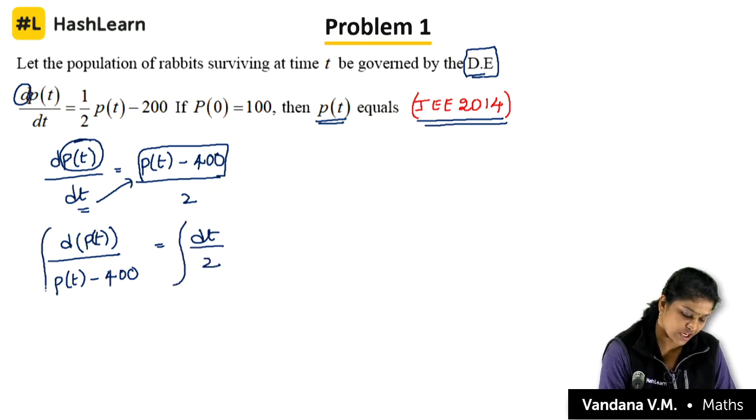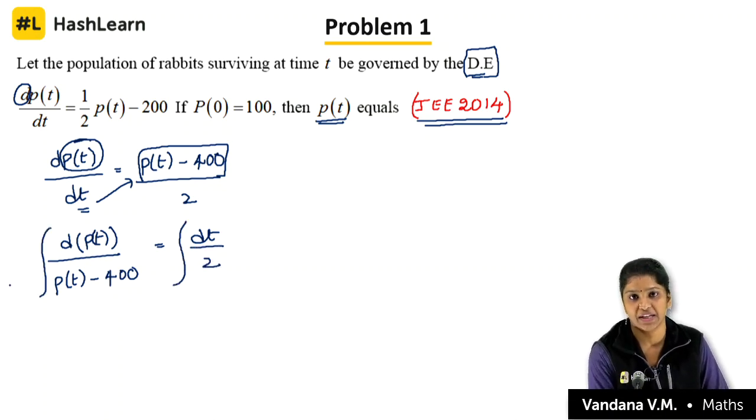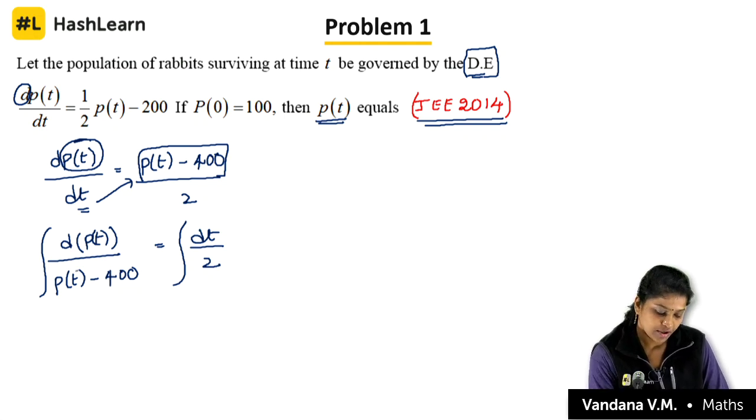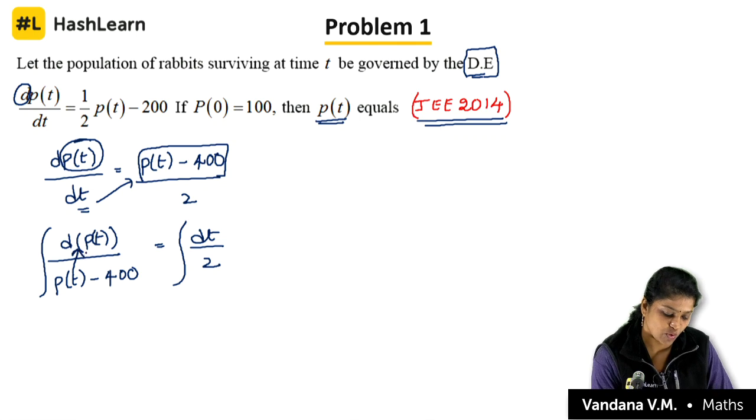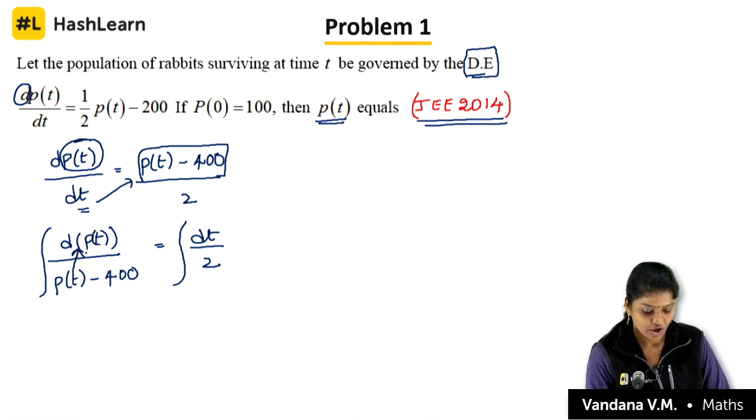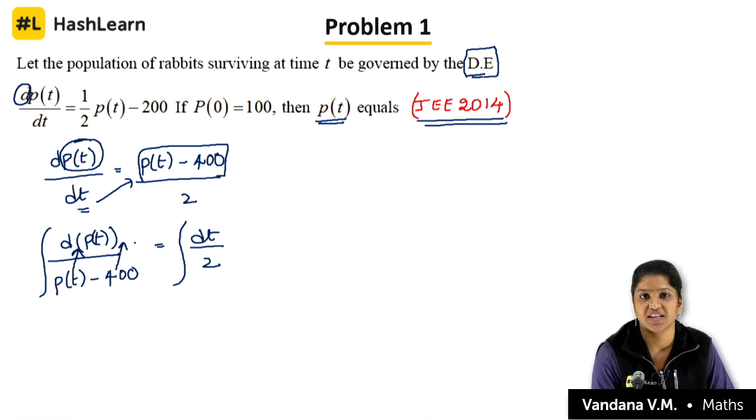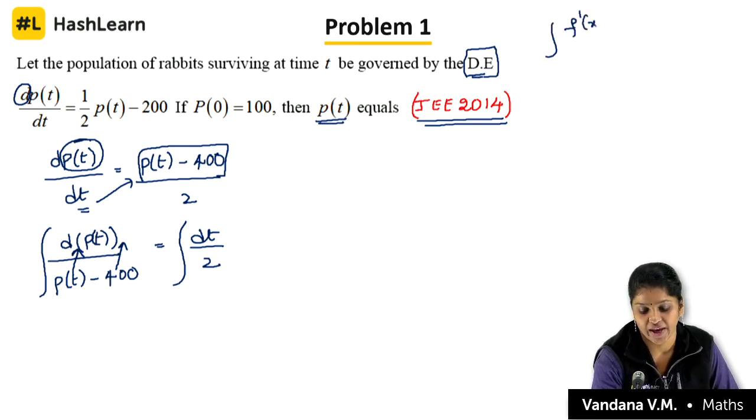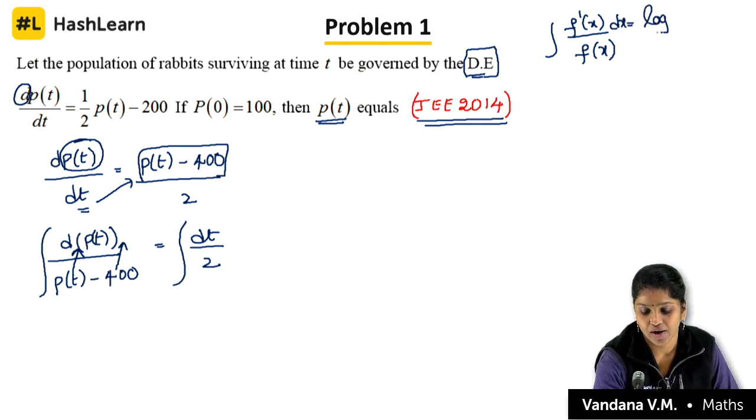Now it is the variable separable method. I separated the variables. Now integrate. If you integrate, see, p(t) differentiation is what? dp(t). 400 differentiation is what? 0. So it is in the form of integral f dash of x divided by f of x dx is equal to log f of x.